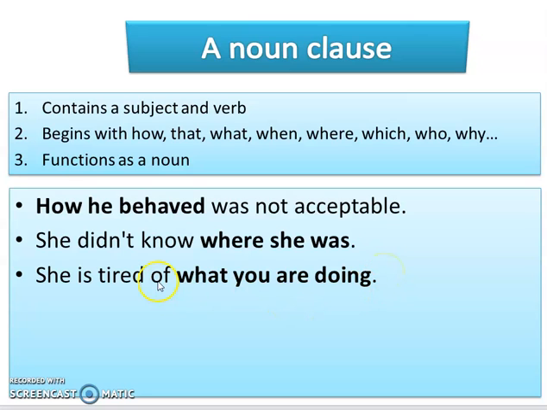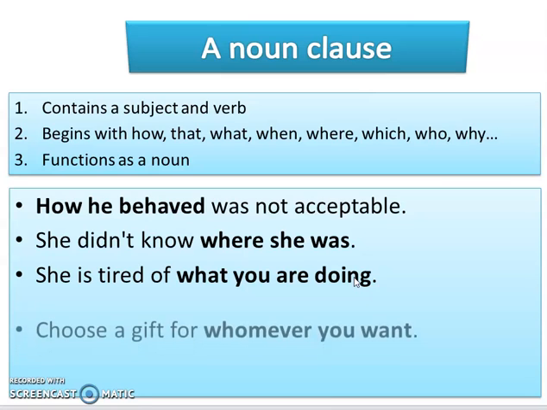So this is a clause. It's a dependent clause and it's taking the place of an object of preposition. So we call it a noun clause. What you are doing is a noun clause, a dependent clause, replacing the object of preposition.